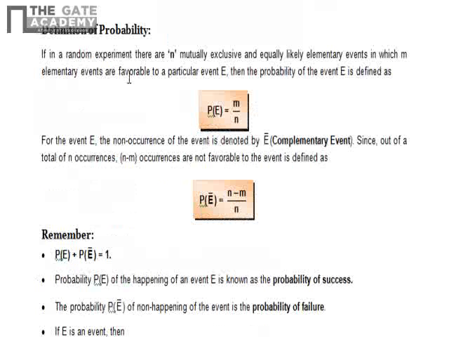Now we'll see probability. Probability P(E) of an event is equal to m upon n. m is the number of outcomes in the required event and n is the total sample space.